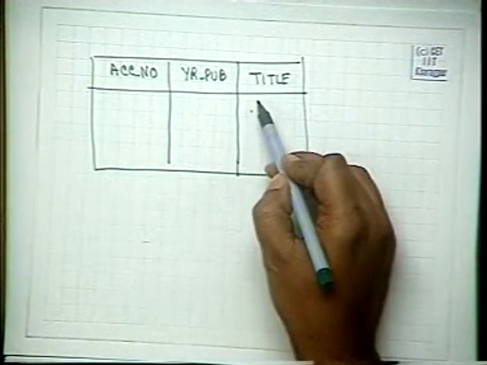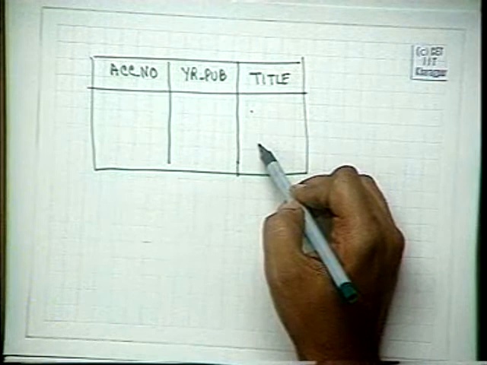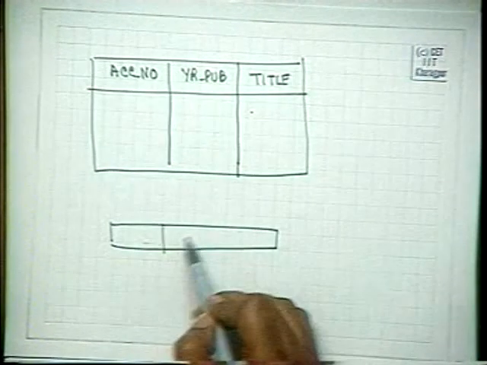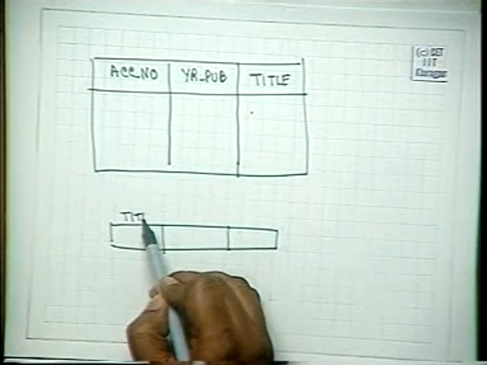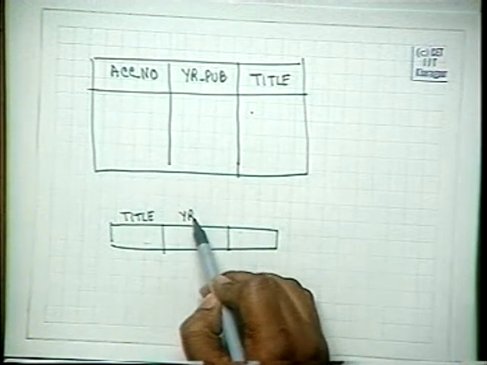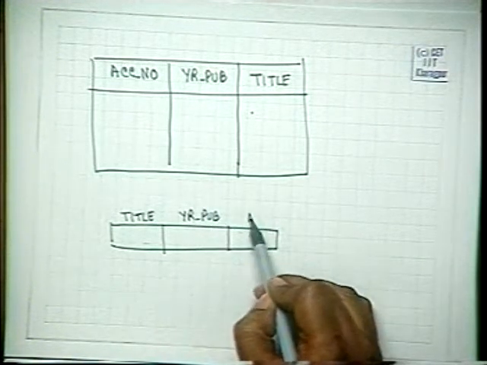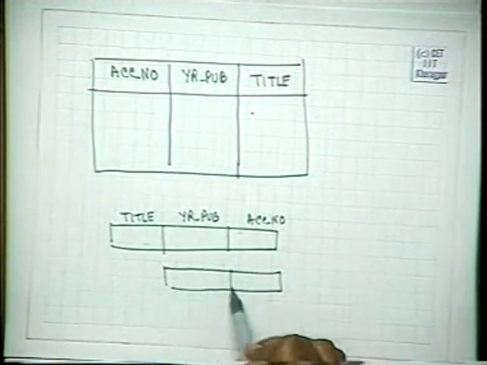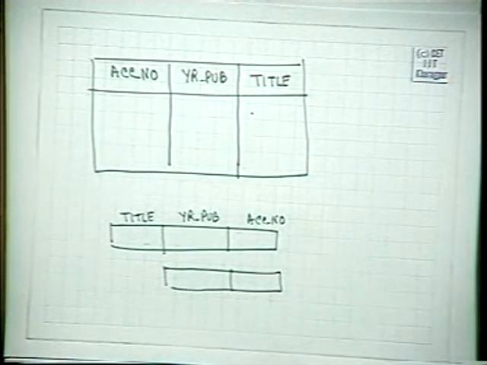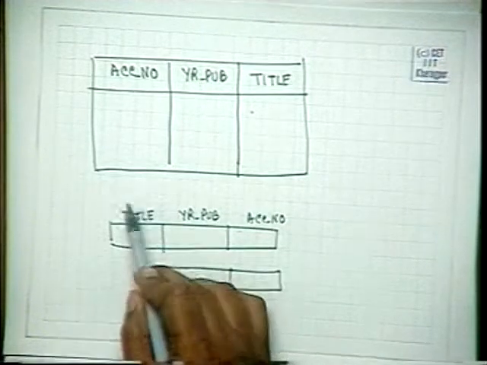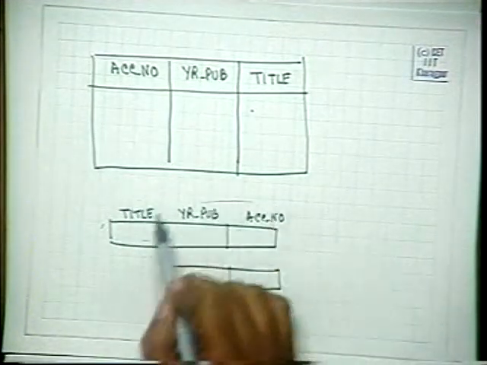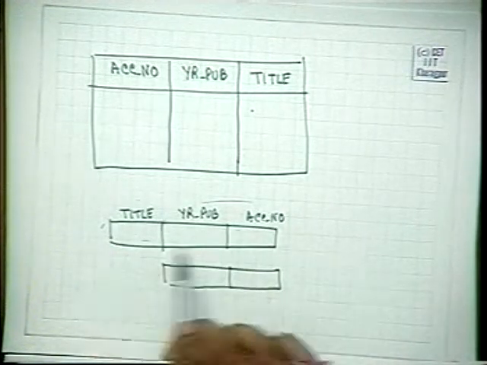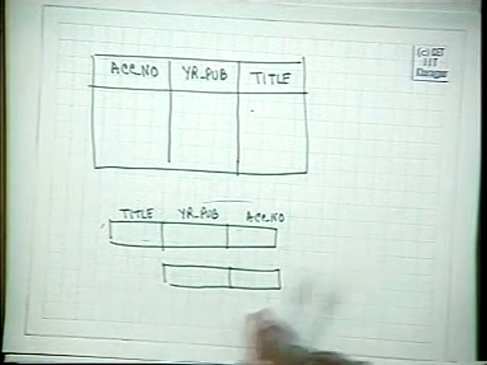We may like to store only all the titles consecutively, and we will have the record structure like this. There will be two types of records, one with the main thing which has got the first one, title, year of publication and accession number, and the rest of them which have got the same title will only have year of publication and accession number. Or we may have one with only title and another with year of publication and accession number. So this is how we really generate variable length types of records also.